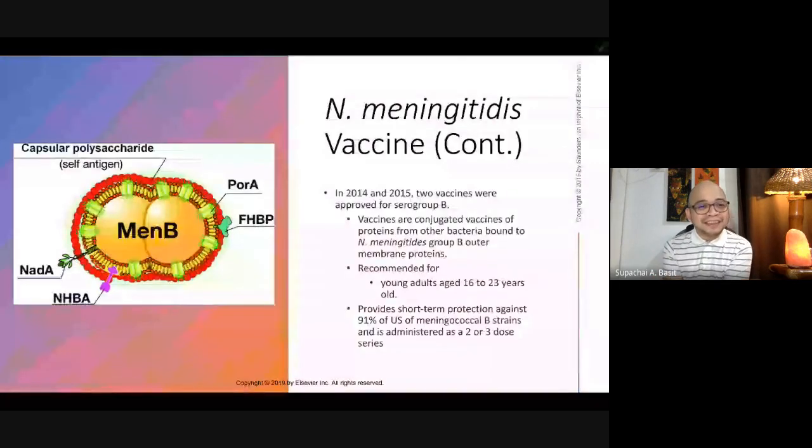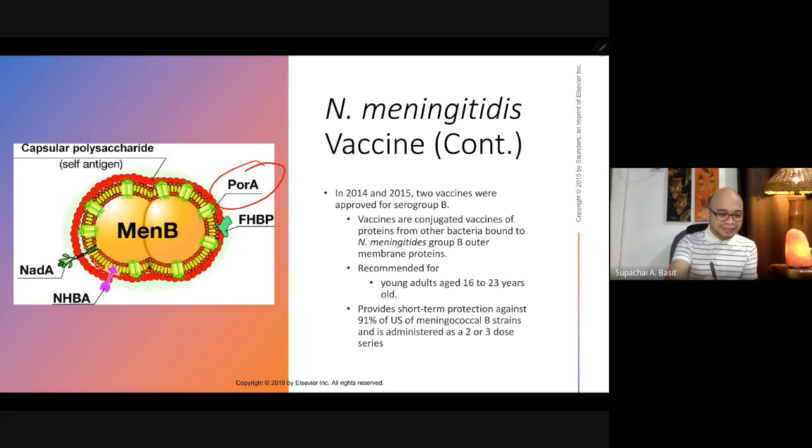Ito naman, ang vaccine na to is a conjugated vaccine from other bacteria bound to meningitis group B outer membrane proteins. Ito yung mga conjugated proteins. Okay? So recommended for young adults aged between 16 to 23 years. So it provides short-term protections against 91% of US meningococcal B strains, and it is being administered as 2 or 3 dose series.